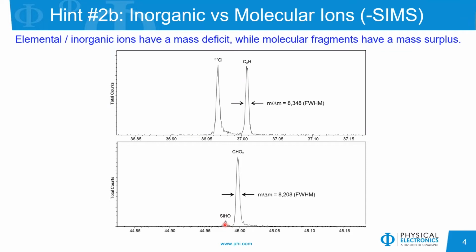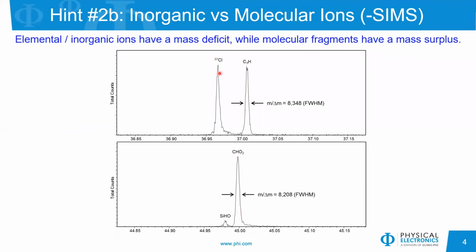The silicon hydroxide peak very heavily favors the positive ion polarity. You will see a little bit of it in the negative ion polarity also, so just be aware of that. But again, here we have an acid fragment ion showing up right about nominal mass.